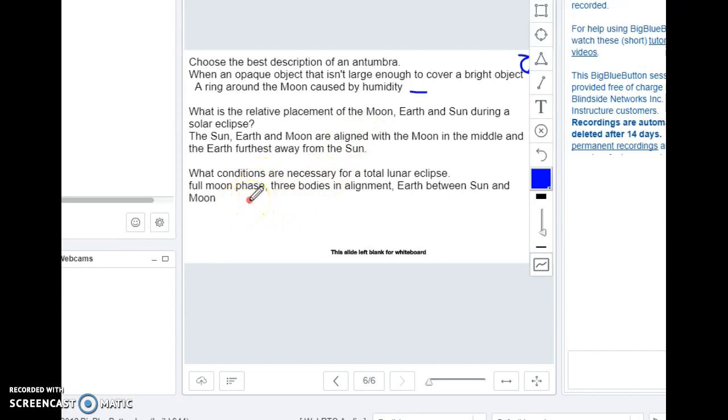All right, next question and the final question. What conditions are necessary for a total lunar eclipse? I've just got it laid out here for you guys. You have to have a full moon. The moon has to be in the full moon phase. The three bodies have to be in alignment, with the Earth between the sun and the moon.